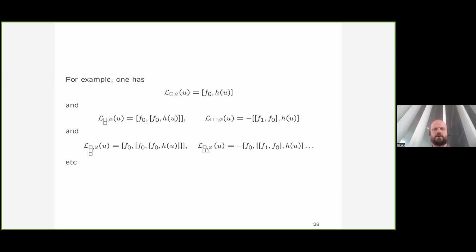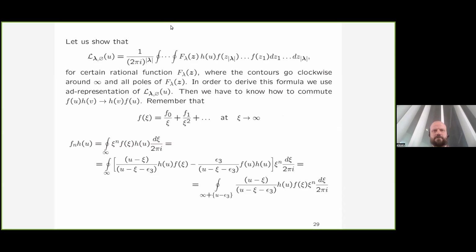Now, another point. I claim that these matrix elements can be represented as the following integral, where all F operators are put to the right, with some function f which depends only on lambda.